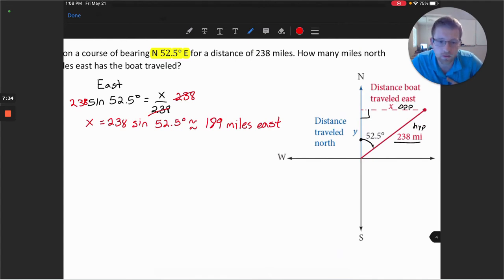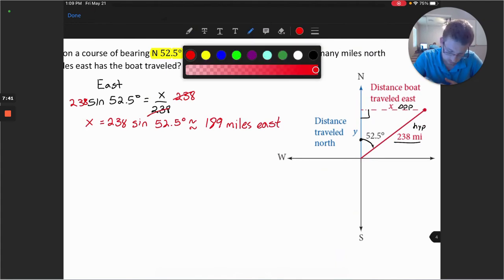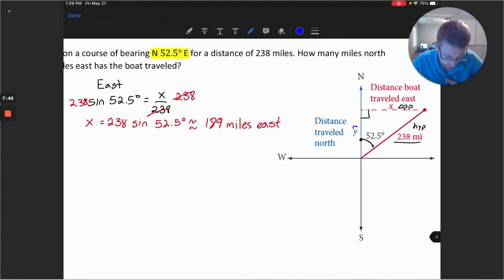Now we can consider how far we actually traveled north. That would be the y variable. We'll do that in blue. So if I wanted to solve for y, I can use that same angle, 52.5, and now I'm going to use the cosine since this is the adjacent side. I have the adjacent side, and I still know my hypotenuse, so the cosine function works great.